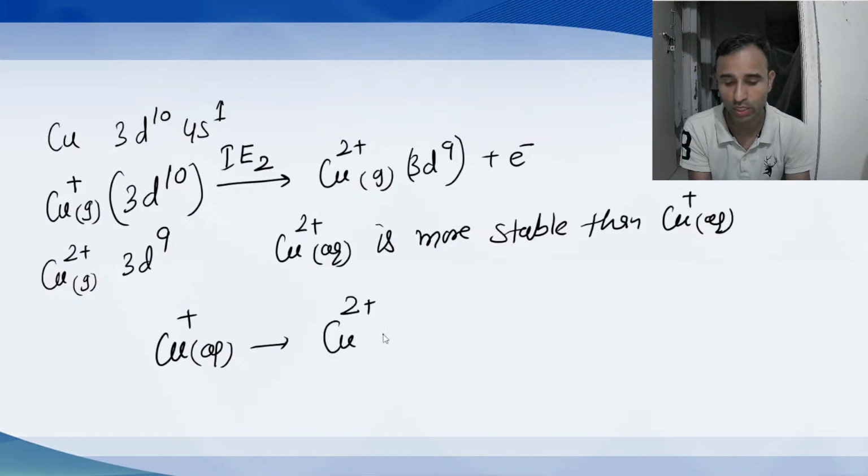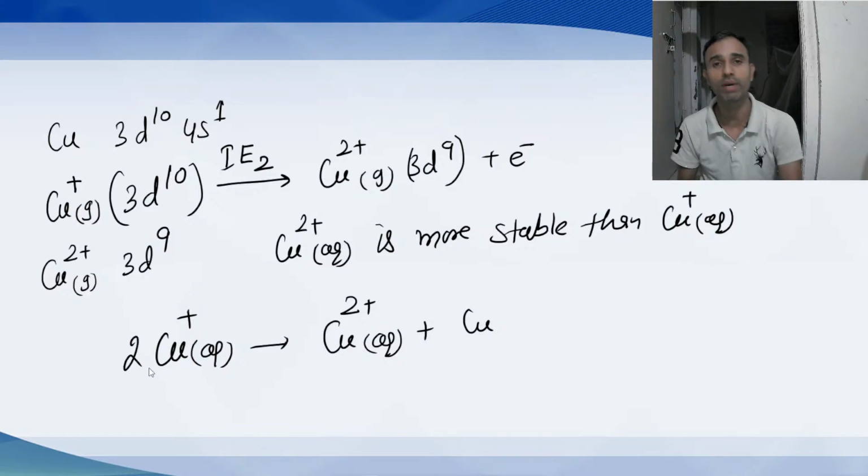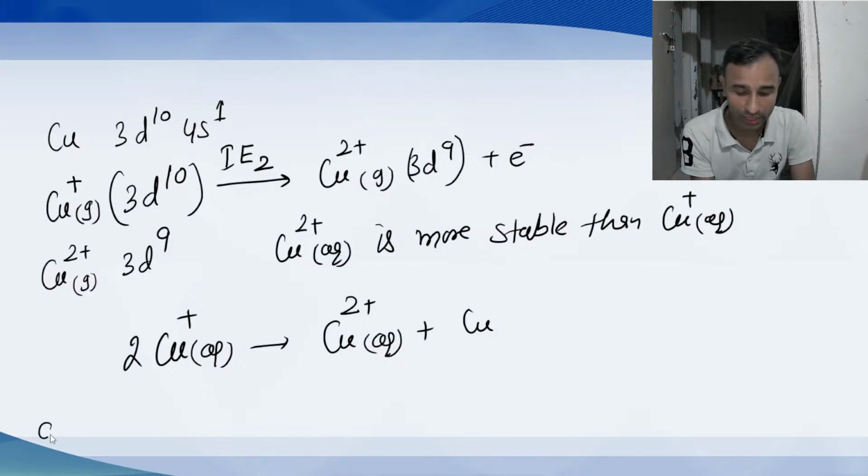What is disproportionation? Yes, beta, what do you mean by disproportionation? Disproportionation means if the same element gets oxidized as well as reduced, that ion or that compound is disproportionated.